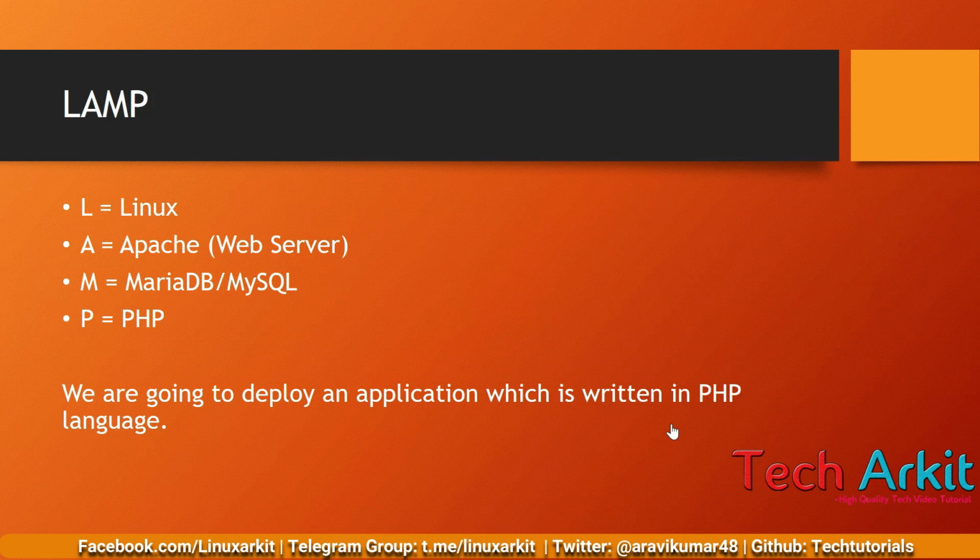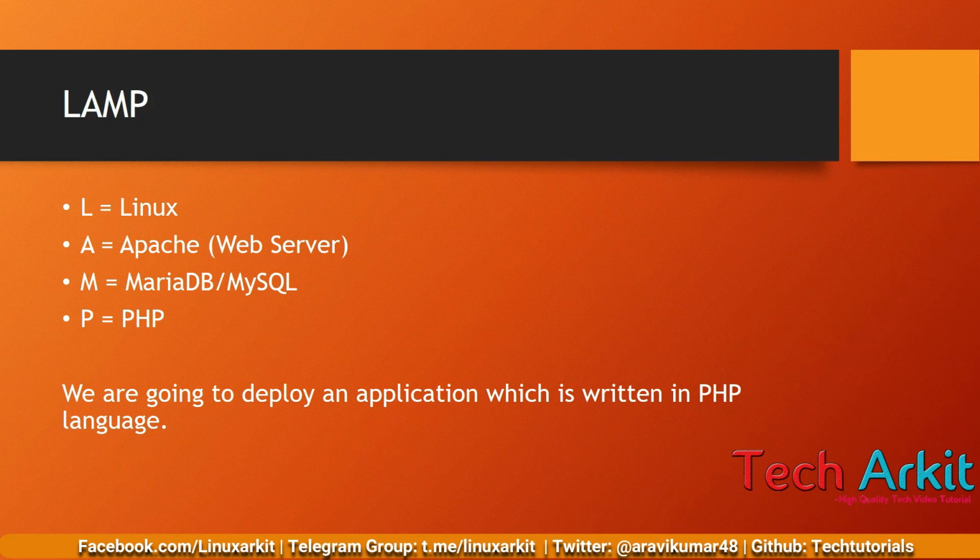So what is LAMP? LAMP is L in the sense of Linux operating system, A in the sense of Apache web server. So you can install the Apache web server there, and MariaDB or MySQL, anything you can use.